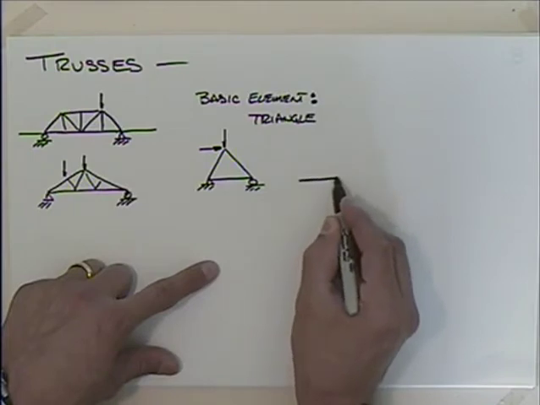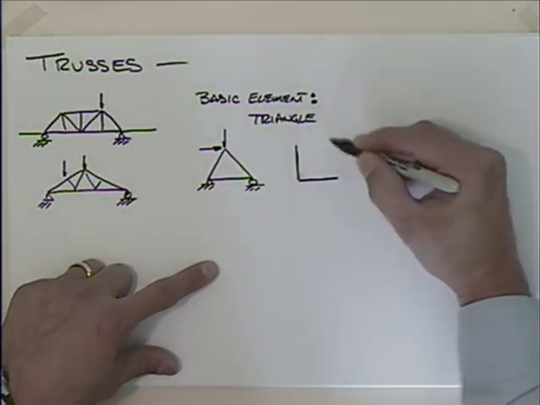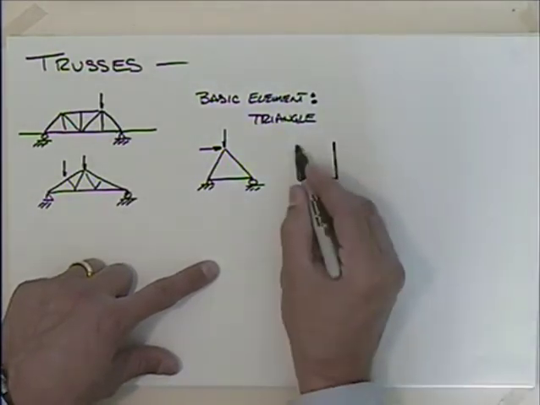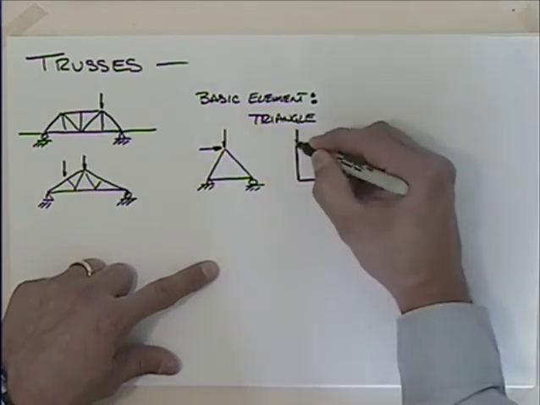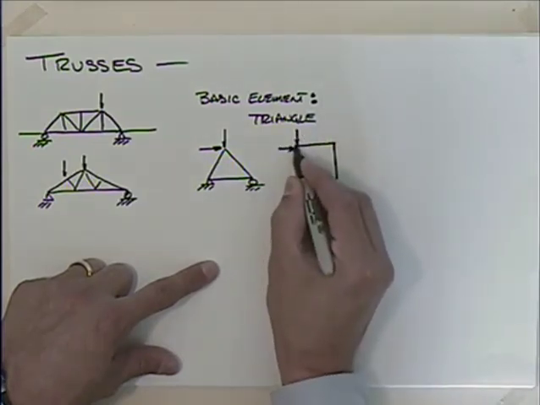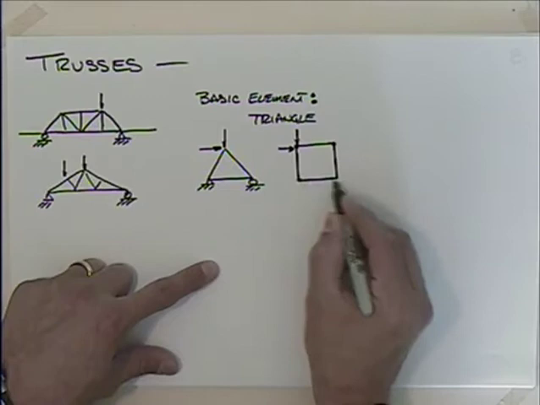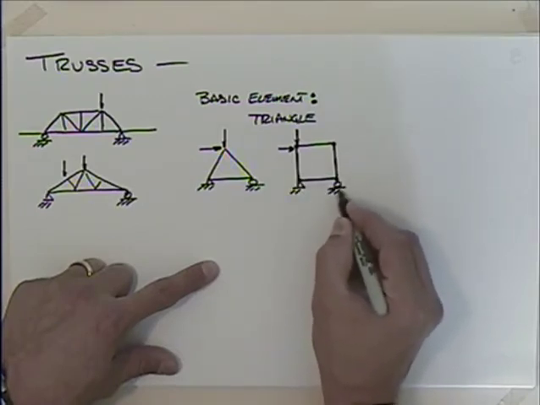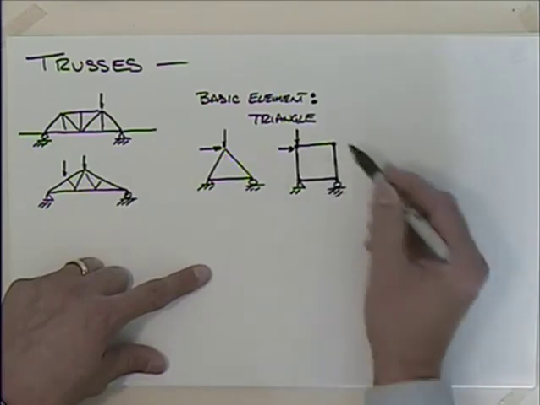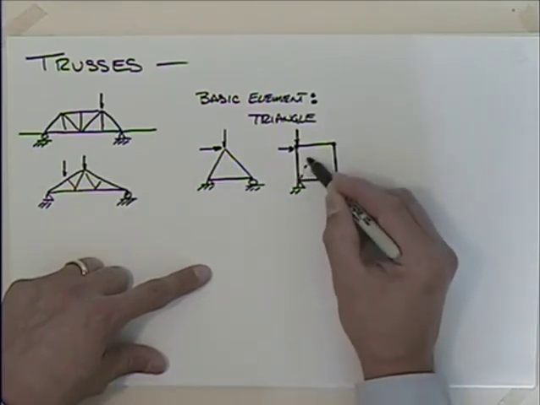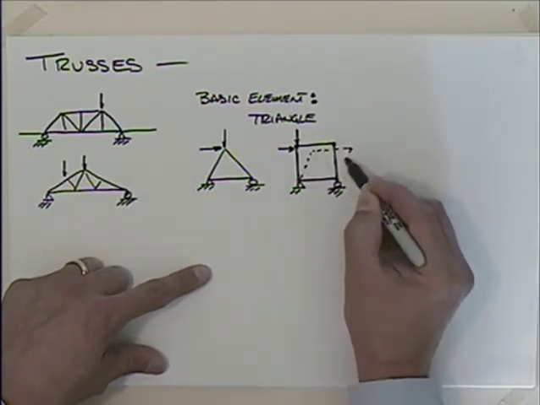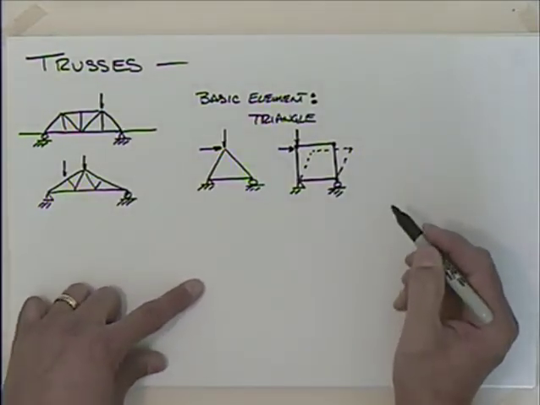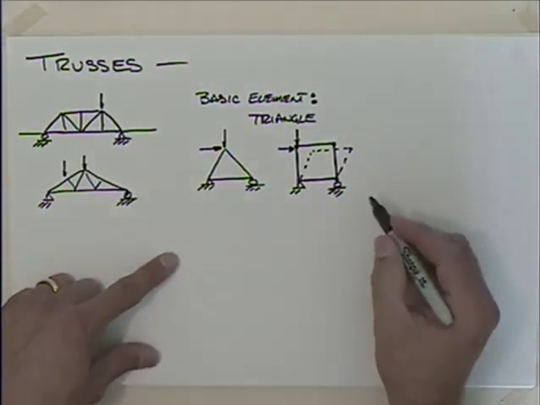Let's say that we do something like this, and I apply a load like this and a load like that. And if these are pins, we'll talk more about that. I think you could imagine that if you applied this load very quickly, this thing would change shape, wouldn't it? So that's not going to work out that well.